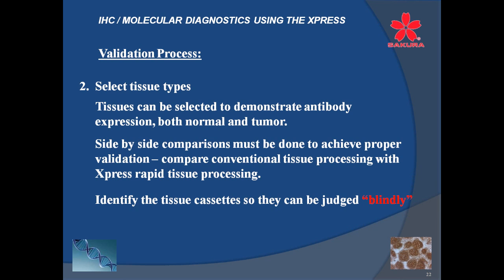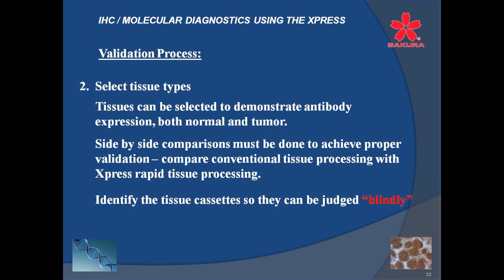But when you're doing the validation, and let's just say that you have picked a spleen, we'll use it for an example, then we'll cut the sections the appropriate thickness for both conventional processing and for the Xpress processing. We give them the same fixation time, but then we document on those blocks in some manner that is not readily available for everyone to see and have a bias. Oh, well, this was processed with the VIP or the Xpress or vice versa.